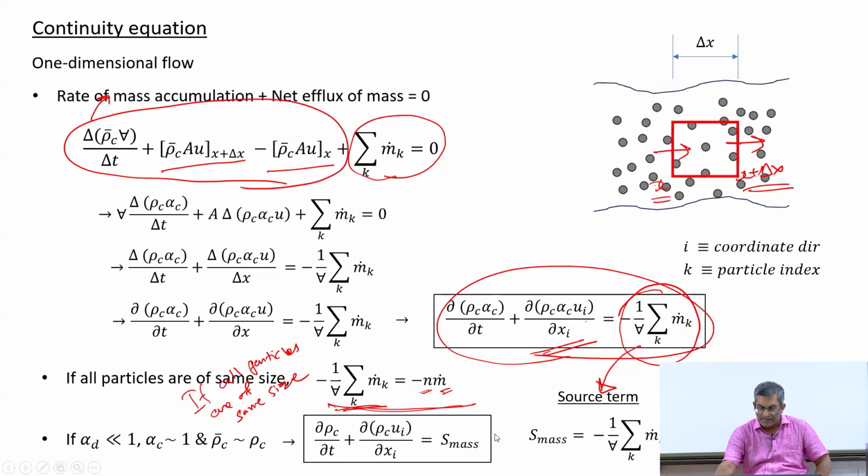In this case, if there is no mass exchange occurring between the particle phase and the continuous phase, then this term is 0 and we get back the continuity equation.